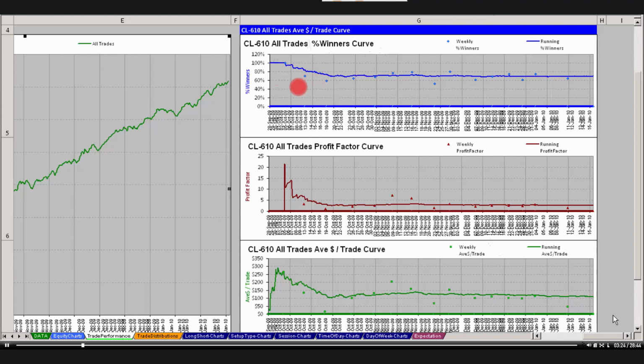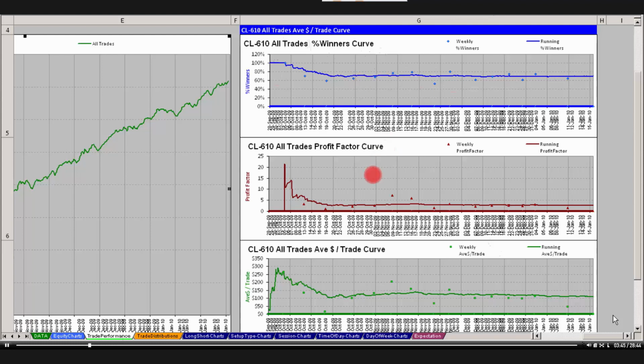And once again, it's important that these trade percent winners by week stay clustered around that line. So you can see some are a little below, some are a little above. But if they're all clustered around it, again, it tells you you have a pretty stable trading system, at least from the perspective of percent winners.